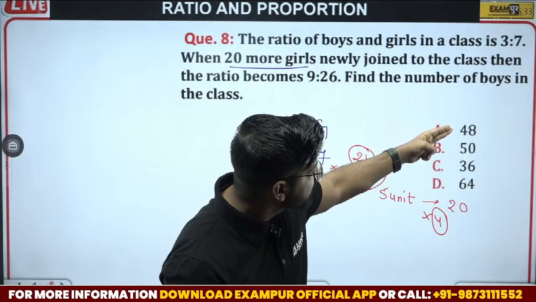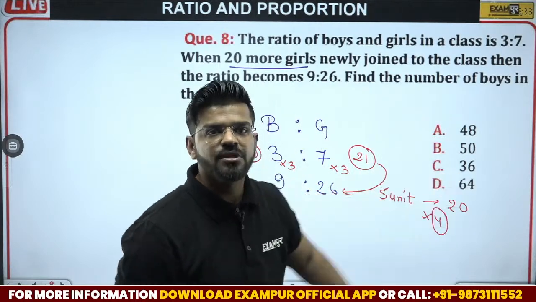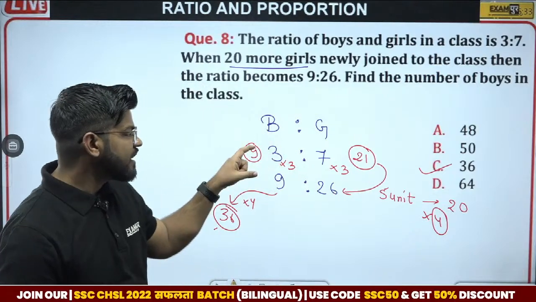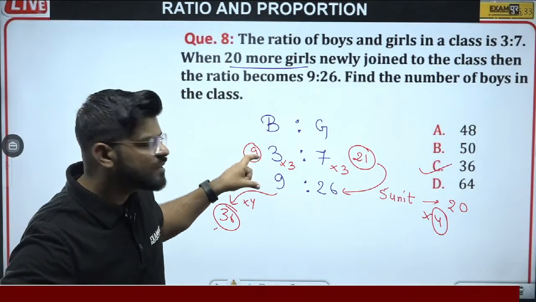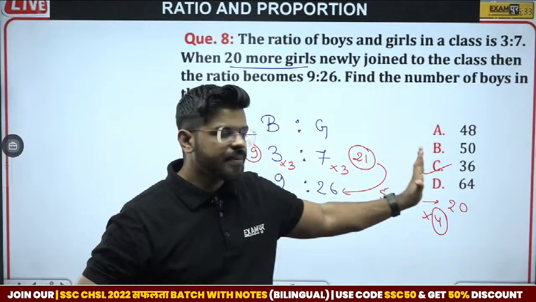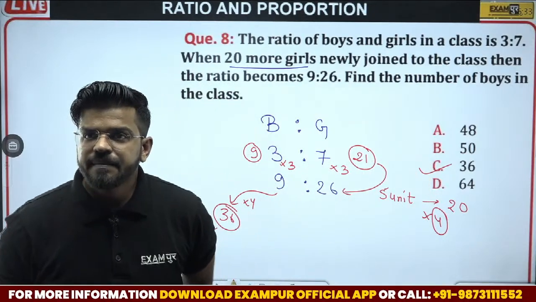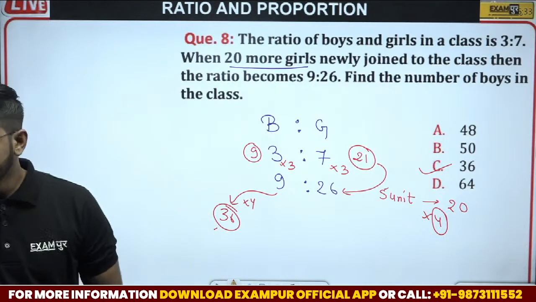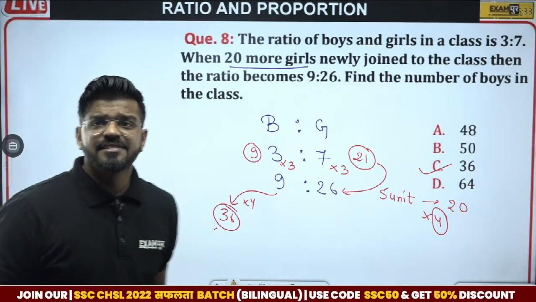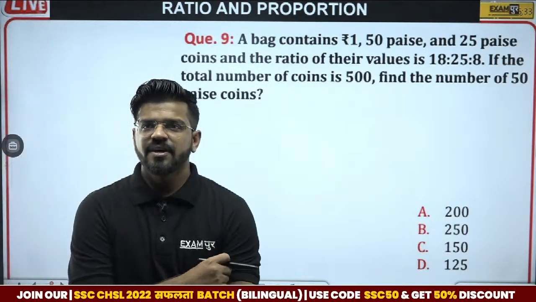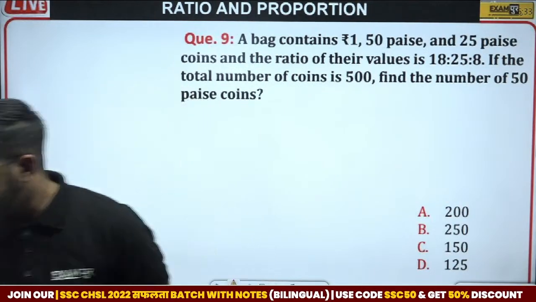So we have the multiple of 9 only, option number C. After this calculation, when we have equated the boys, we can directly compare the ratio with the options, right? Clear to everyone? Yes, very good. 36 is my right answer. Now give the answer of this question, everyone.